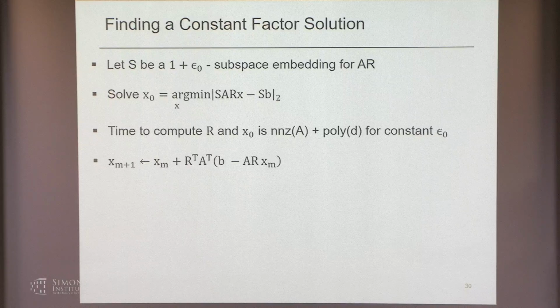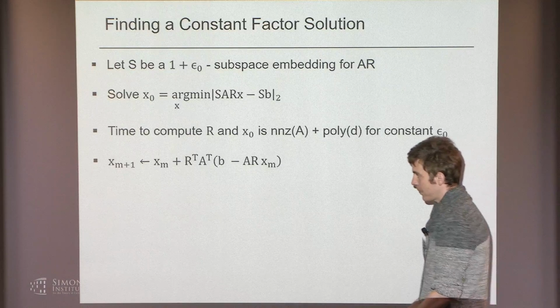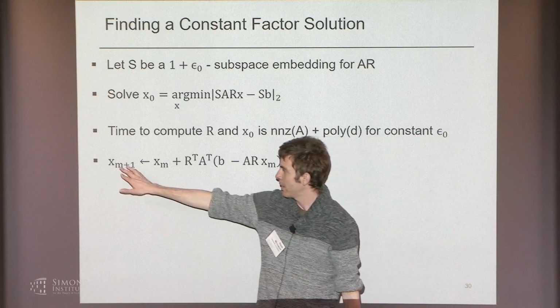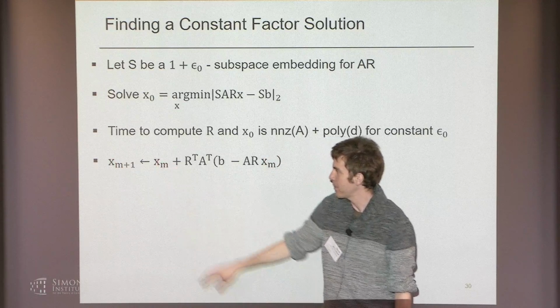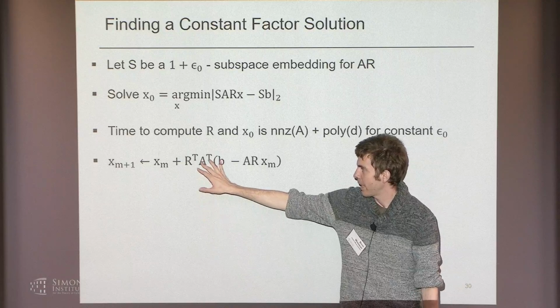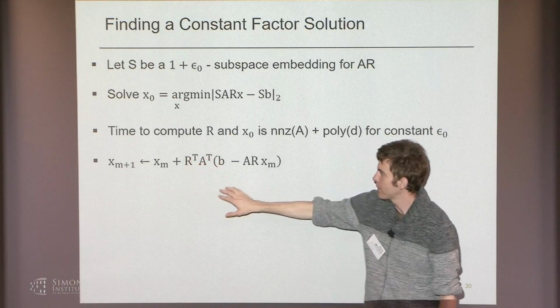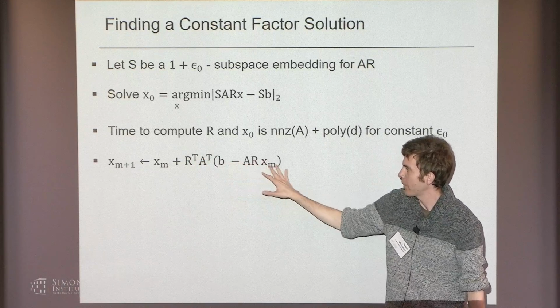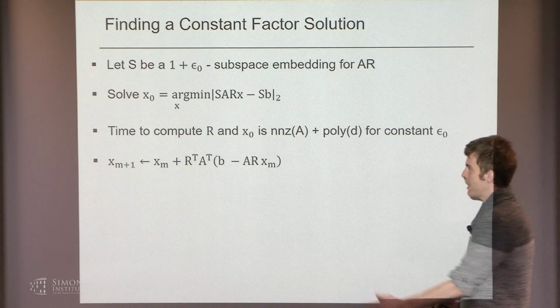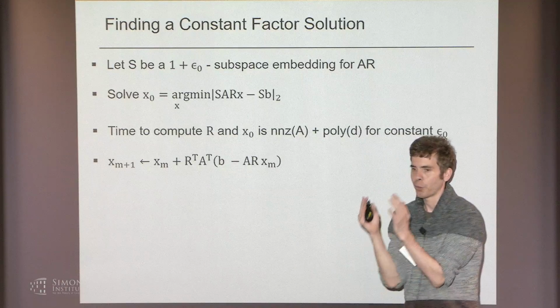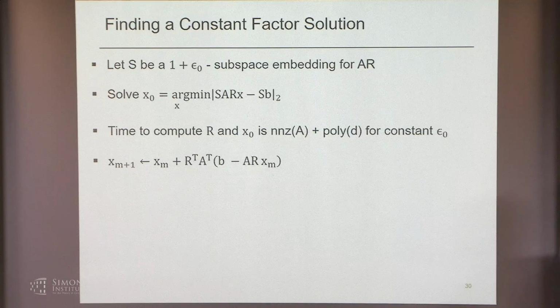So we have our change of basis and constant factor solution. Now we just run a gradient descent algorithm, as you suggested. The update rule is that the new iterate xm plus 1 is the old iterate xm plus A transpose R transpose times B minus AR xm. B minus AR xm is what's left over, the residual in the mth iteration.